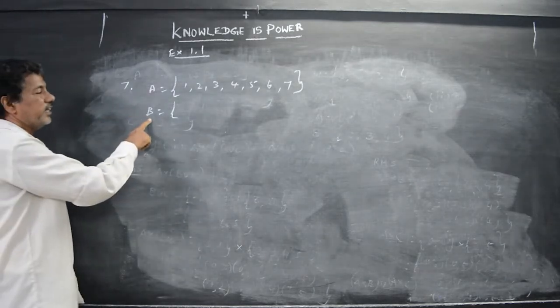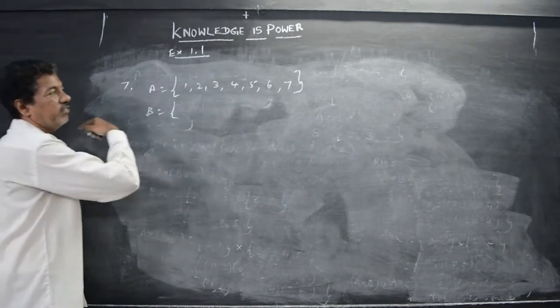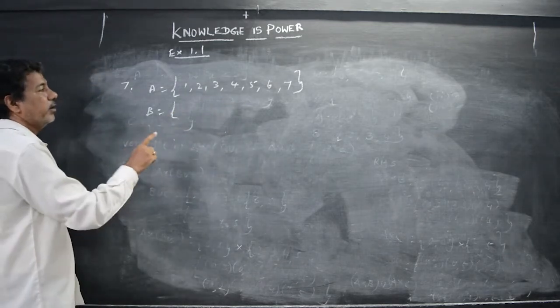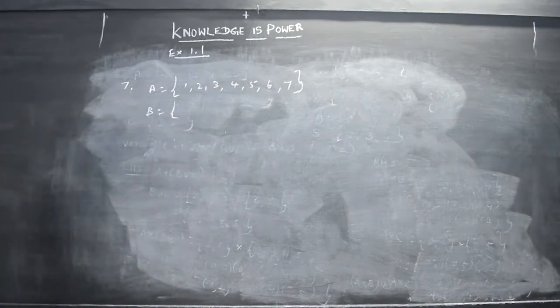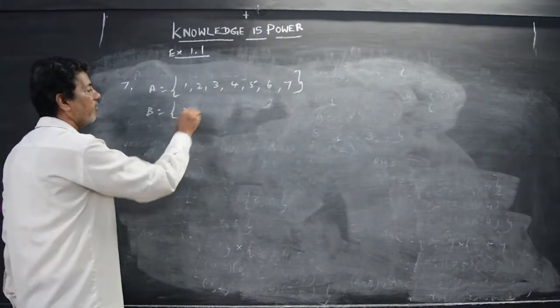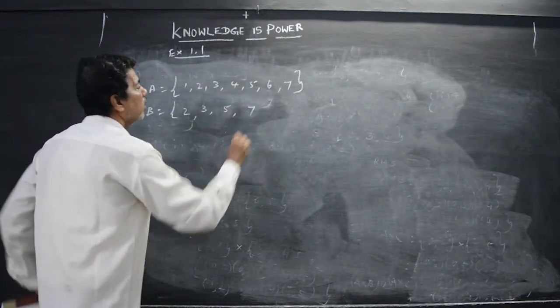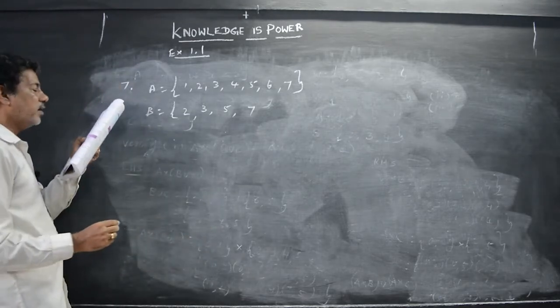They have given it in the form of words. You have to form a set less than 8, but with prime numbers. Prime numbers will start from 2, 3, 5, 7. That's all. Till 8 they are given.